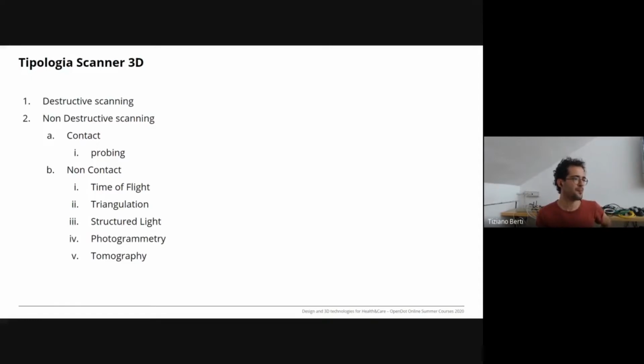But there are ways to avoid those problems. So you can cover your object with dust or whatever to smooth out the glossiness in some way. So then you are able to use again triangulation and structured light and also time of flight scanning.